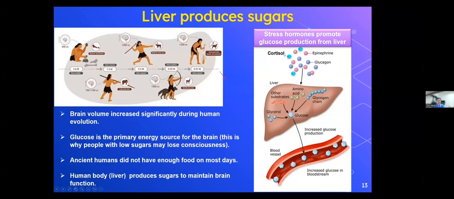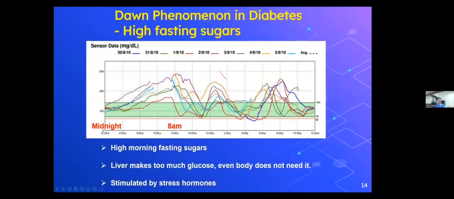When you are stressed, these hormones are released and they act on the liver and push these so-called substrates, kind of materials for glucose synthesis. And then glucose will go to the blood circulation, causing high sugars. So in addition to food, liver glucose production is a major source of high sugars in the circulation.